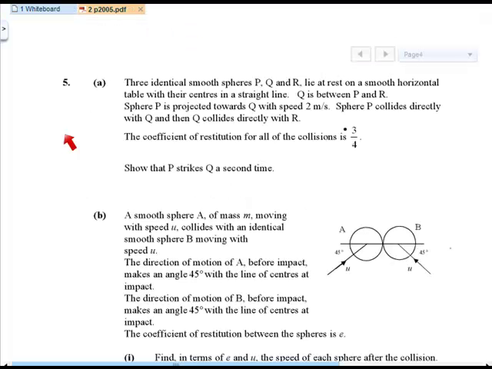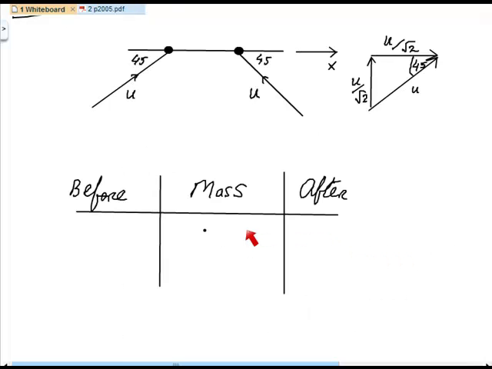So the first thing is the mass, and we're told in the question that the mass of A is m, and B is an identical sphere. So we'll put those in for A and B.